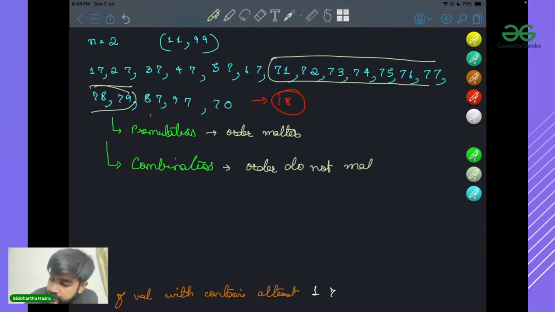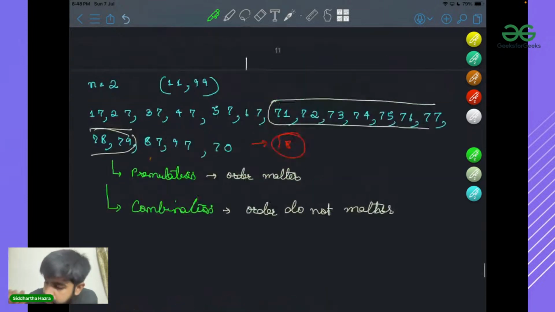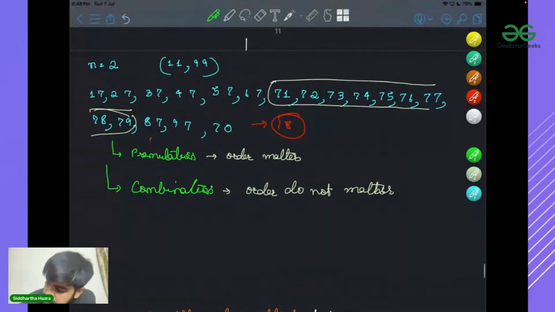So now let us see if the order matters here or not. Yes, indeed the order matters here. How? Because 17 and 71 are treated differently. Both are contributing one to the answer individually.